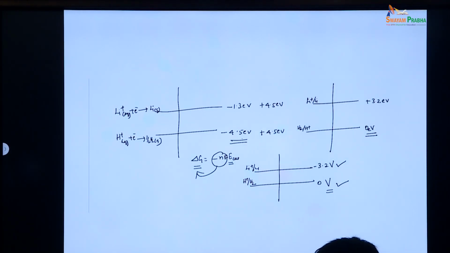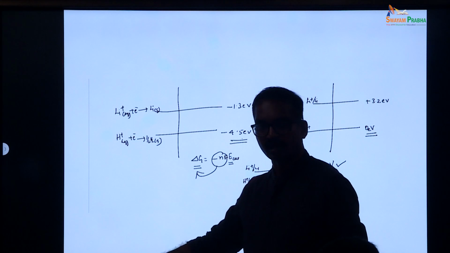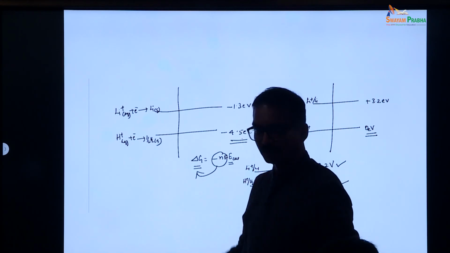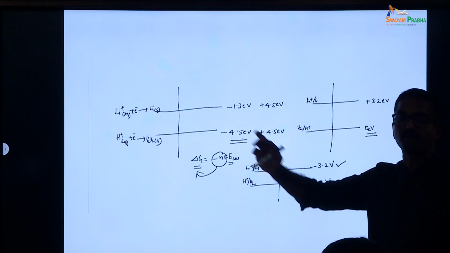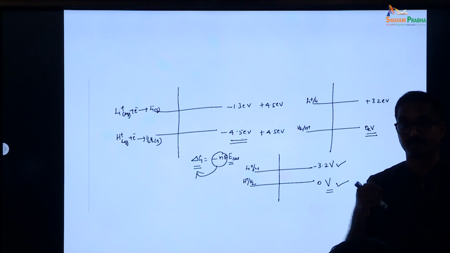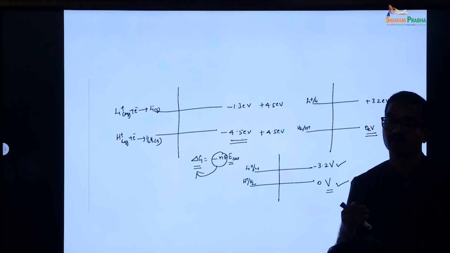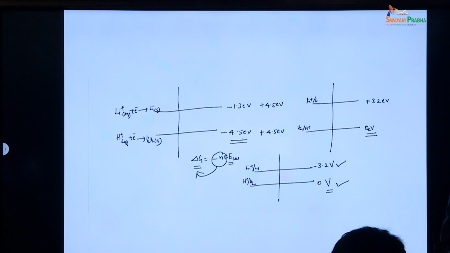So we always scale the reduction potential of a given element against a reference. How reducing is this element compared to hydrogen? Correct or not? So if you get a value negative to hydrogen value, that means that particular element is a good reductant compared to hydrogen.